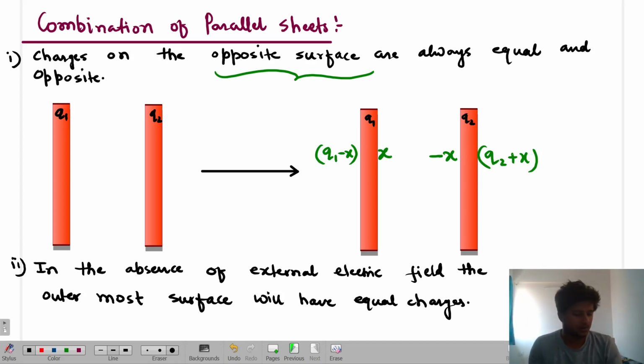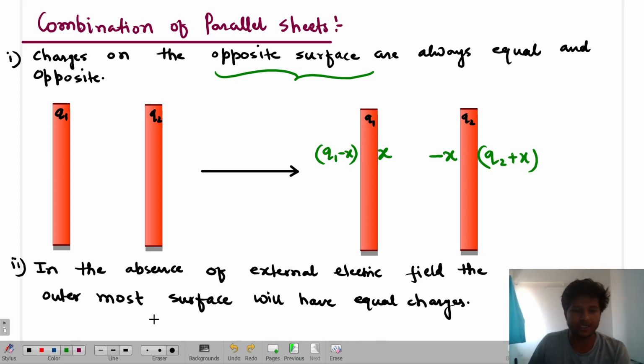No. So the charges on the outer surfaces will be equal. Is that clear? The outermost surface charges must be equal.